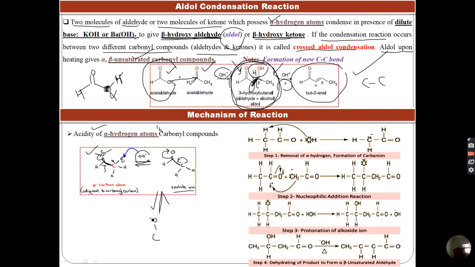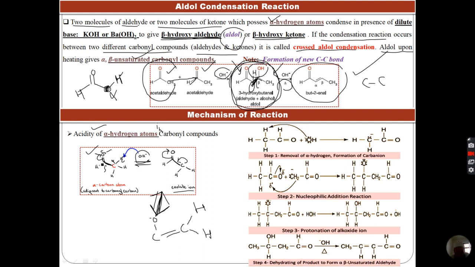You can show it in the form of a canonical structure. This is your enolate anion, and you can show it as a canonical structure like this.